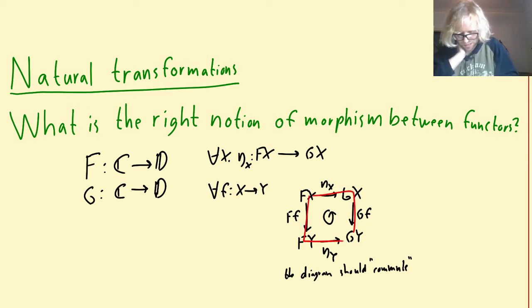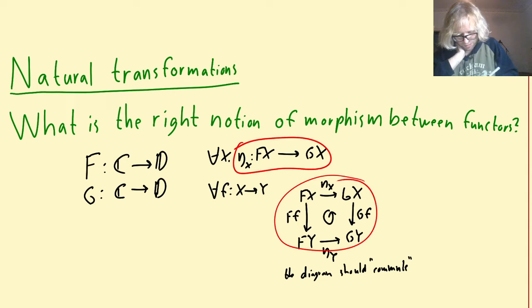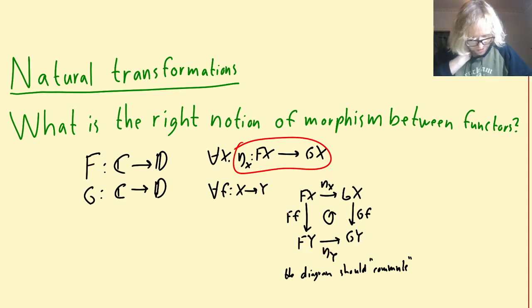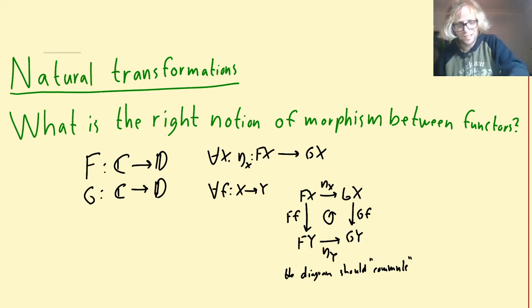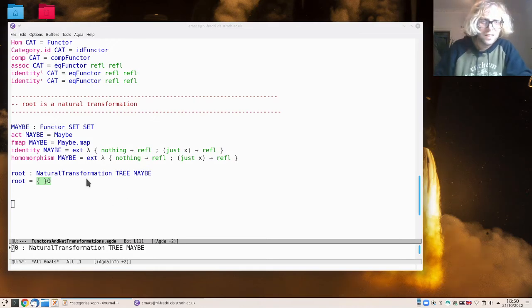So this morphism equals that morphism. And this is the notion of a natural transformation. So the eta here is the transformation, and if the diagram commutes, then it's natural. And this is often very useful because you can shuffle the eta past the functor, and that might simplify some further simplifications. So let's see how this looks in Agda.